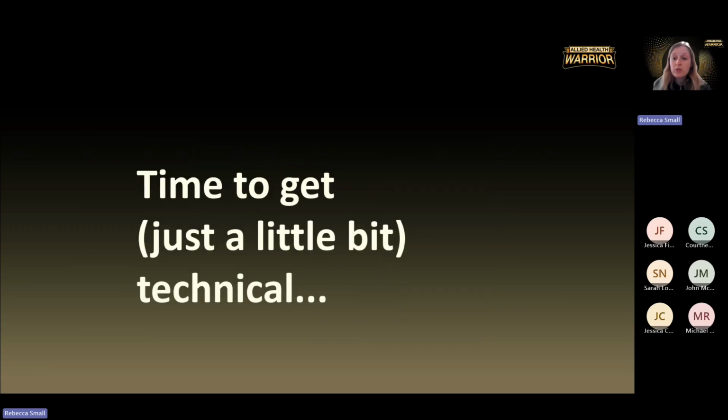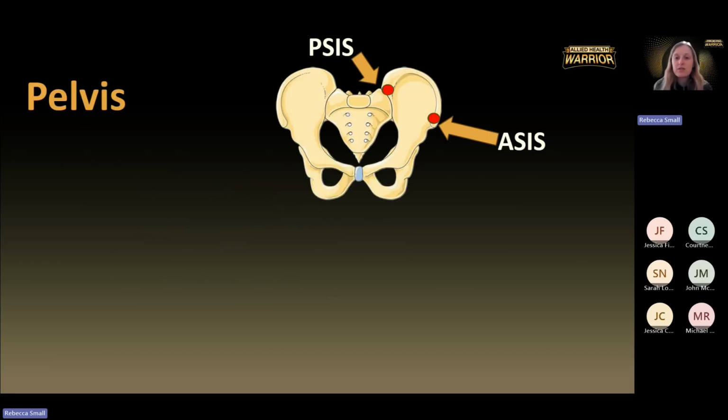When we're feeling for certain postures, we do have to locate a consistent spot to help us understand how each of those body segments that I was showing you, like the pelvis, the thighs, etc., are moving and how they're positioned. So I'll go through some of those as a brief anatomy review now. For the pelvis, the main body landmarks we need to know are the anterior superior iliac spine, so I've got that one here, and then the posterior superior iliac spine.